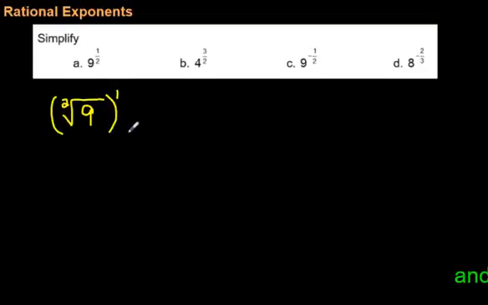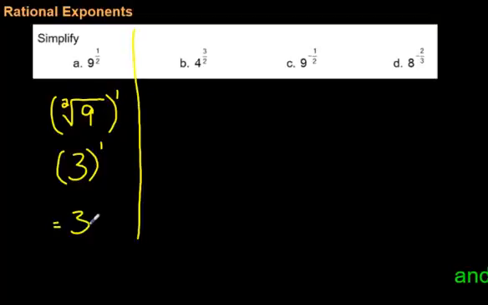It's kind of up to you. I'll just leave it there since I don't want to go back and erase all of that. So for the sake of speed, the square root of 9 is 3. And 3 to the power of 1, well, that's just 3.